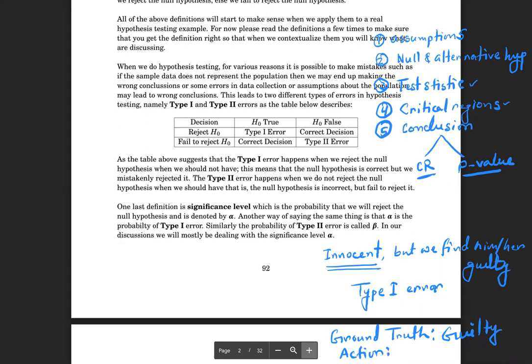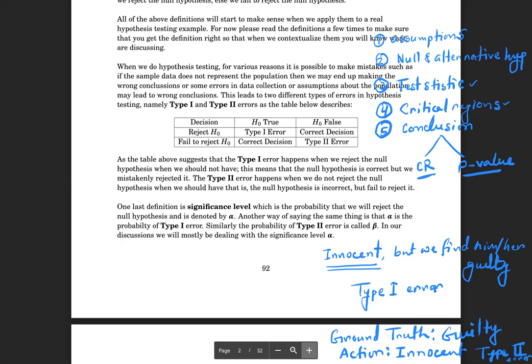Ground truth is guilty, but the action was innocent. In that case, we also made an error, and that's called type 2 error. So we have type 1 error and type 2 error, and this is something you should know.